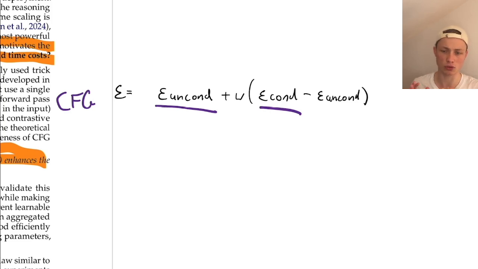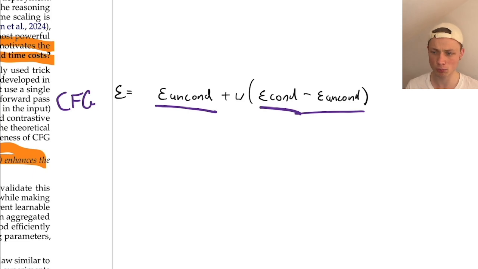So by using one with condition and one without condition, and here we are subtracting the difference between condition and unconditioned. So this tells us how different a condition is from unconditioned.